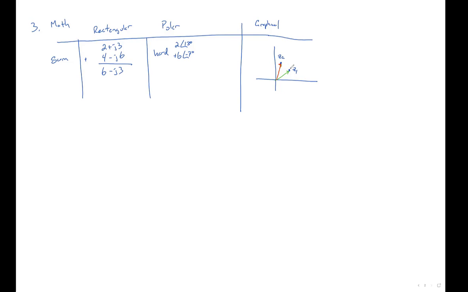We're just going to move this Z2 vector so its tail is now on Z1's head, and the resultant vector of the sum of the two, the orange, will be Z1 plus Z2. So it has a nice graphical interpretation. I'm not going to do subtraction. You can see how subtraction follows from the sum. I will talk about doing multiplication though.